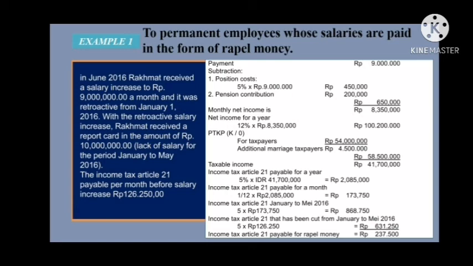While the income tax article 21 payable for a month is 173,750. And then the income tax article 21 from January to May in 2016 is 868,750.